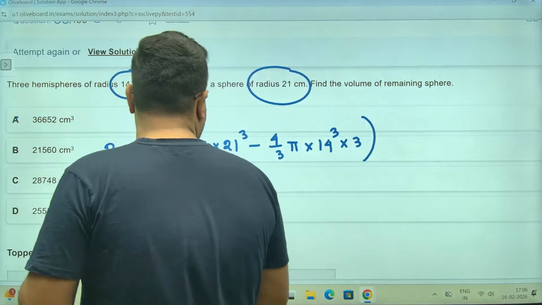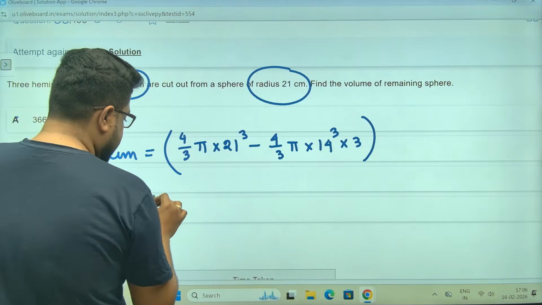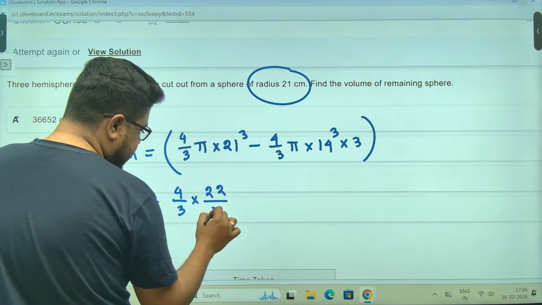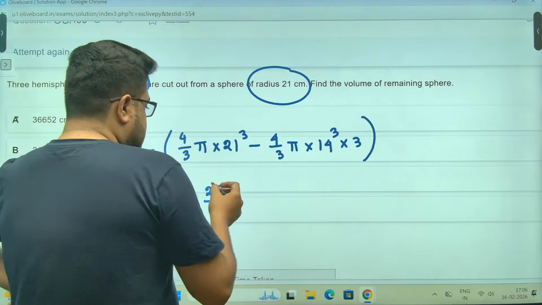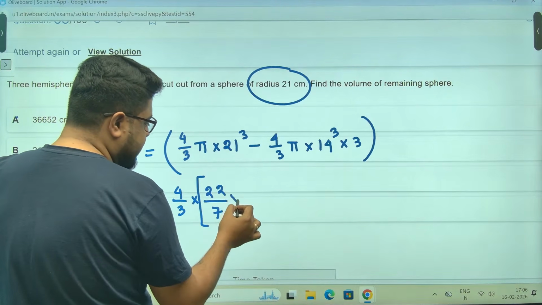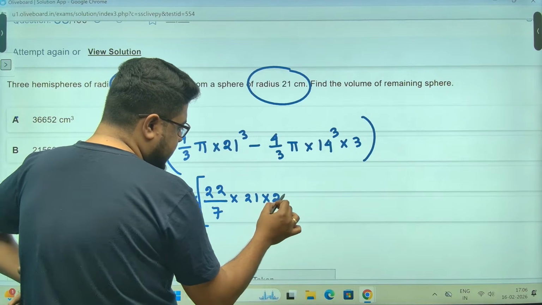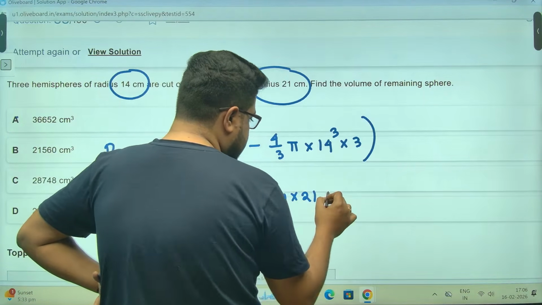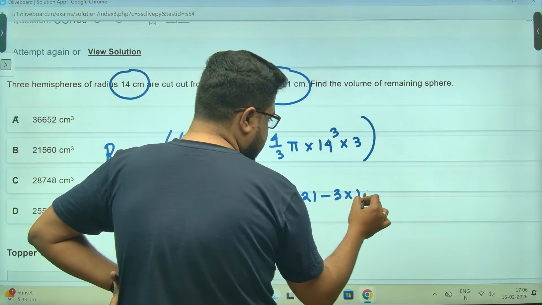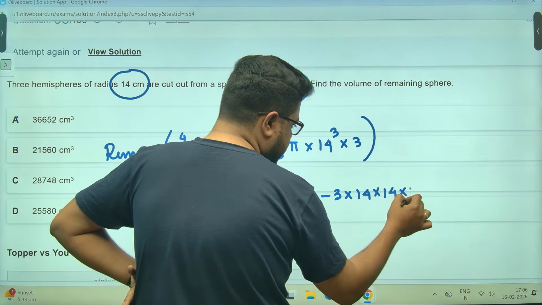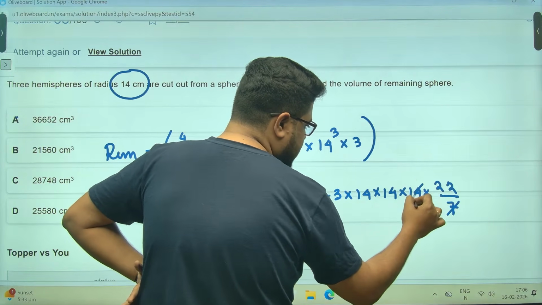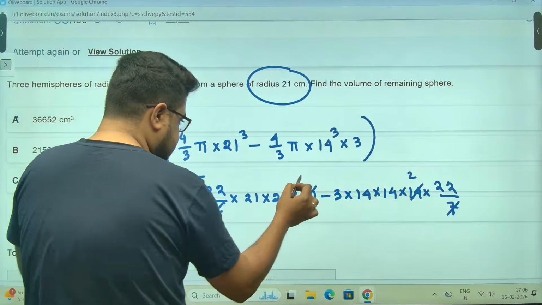First things first, 4 by 3 I can take common. Let's only take 4 by 3 common. 22 by 7 into 21 into 21 into 21, minus 3 into 14 into 14 into 14, and pi is 22 by 7. So 7 2s are this, 7 3s are this.